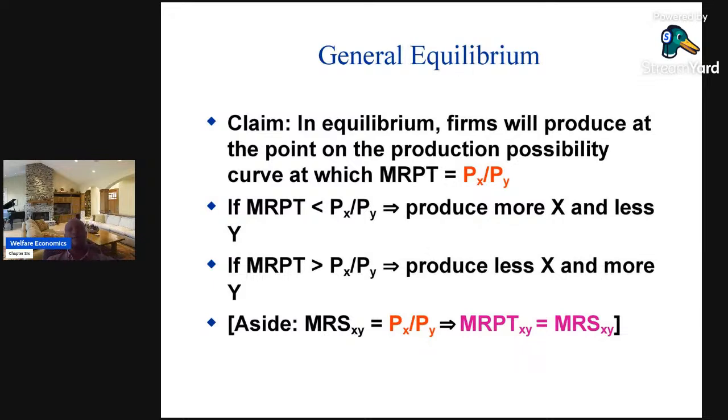Kana faana wal qabatee marginal rate of substitution x for y amma exchange economy keessatti kan nuti ilaalle marginal rate of substitution x for y, that means the utility is equal to the budget line.